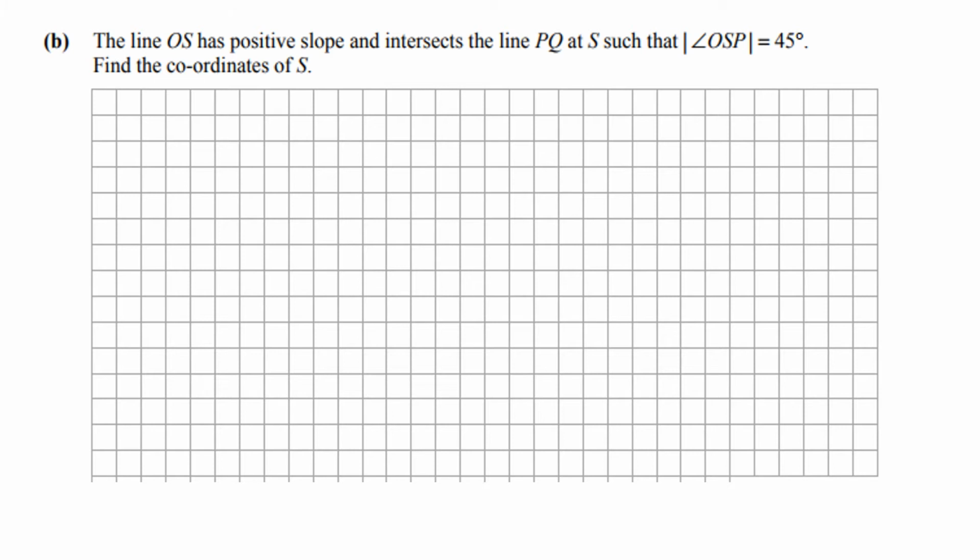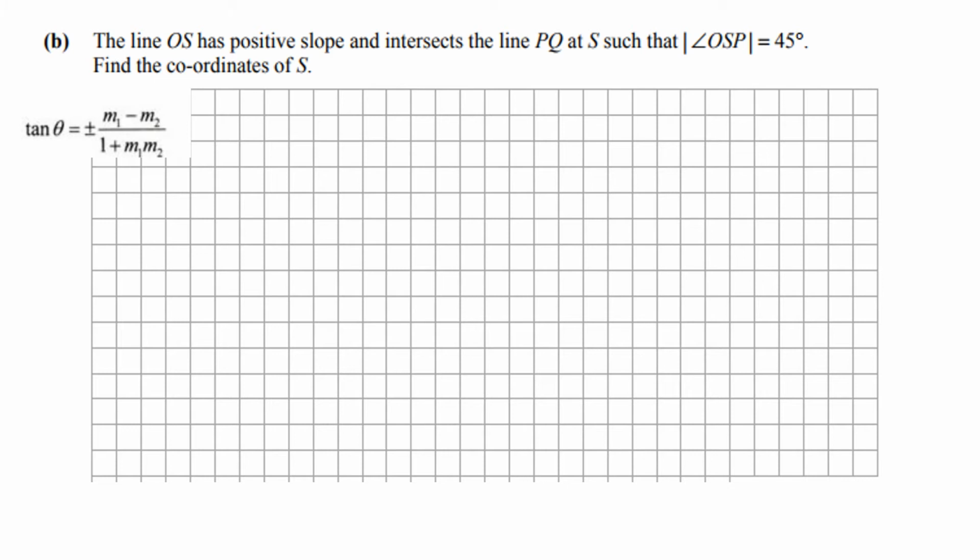We can do that using the formula which is in your log tables on page 19. It's the tan of theta is equal to plus or minus the slope 1 minus slope 2 all over 1 plus slope 1 by slope 2. It's at the top of page 19, the angle between two lines of slope M1 and M2. So that's the formula we're going to work with.